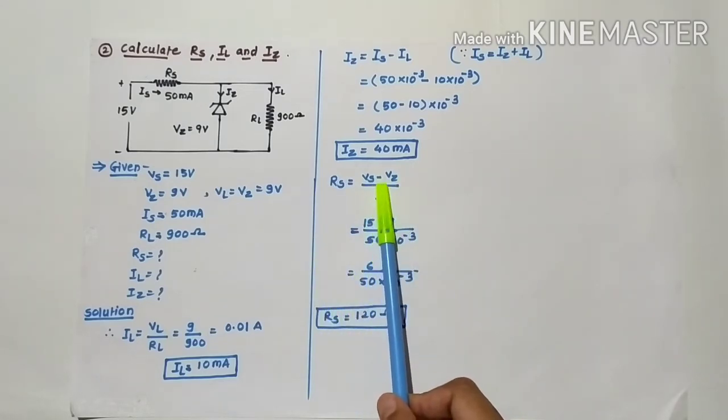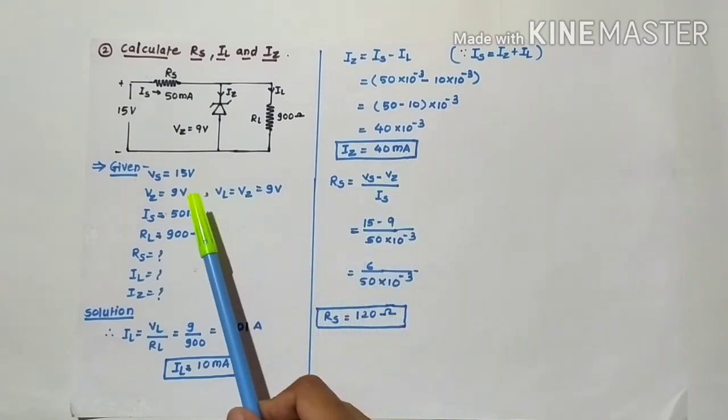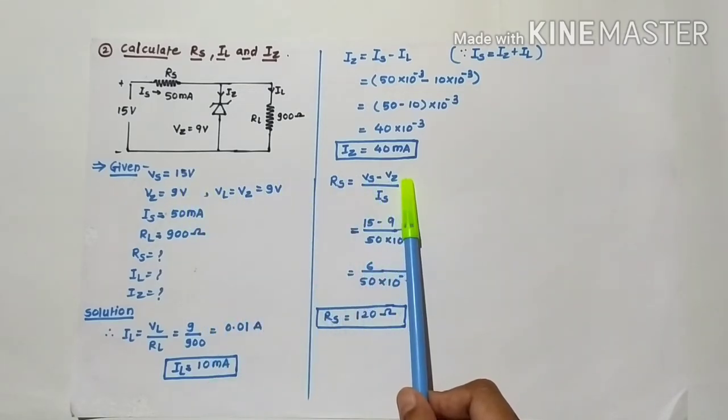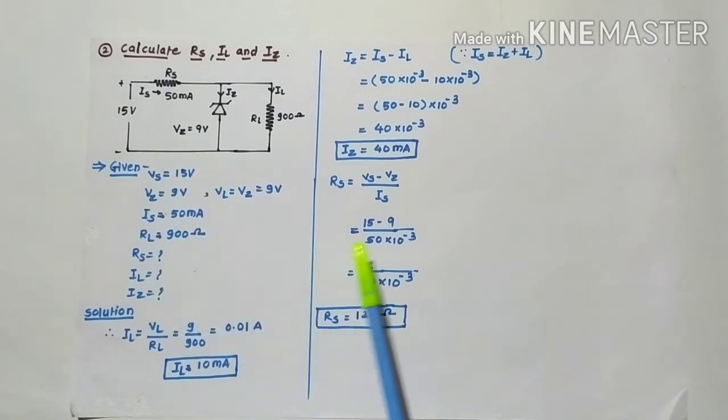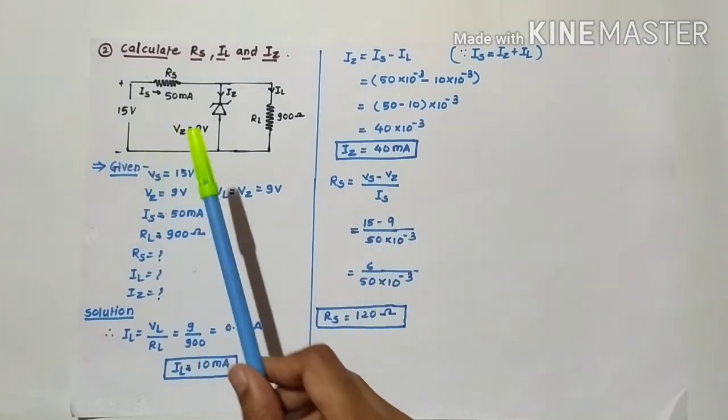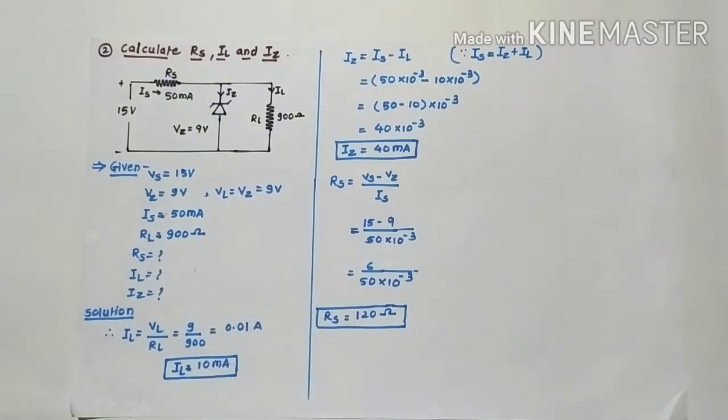Vs is given here, it is 15 volt. Then Vz is 9 volt. Is is 50 milliampere. Therefore, by putting all these values, we get 15 minus 9 upon 50 into 10 raised to minus 3. Therefore, 15 minus 9 is equal to 6 upon 50 into 10 raised to minus 3.